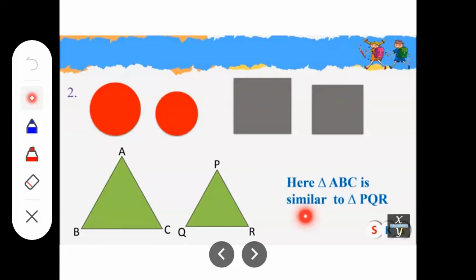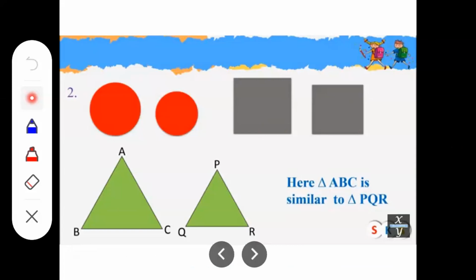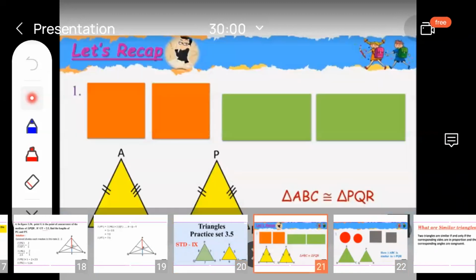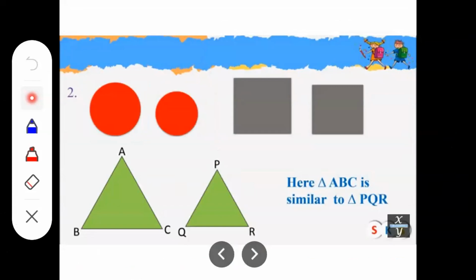But when those are unequal in size, those are similar only. The figures mentioned here in the slide are unequal in size. So those are similar only, right?